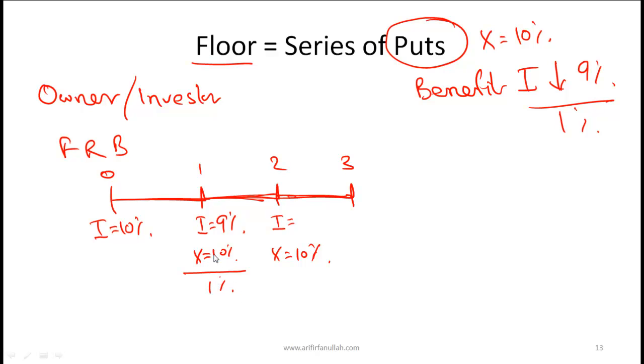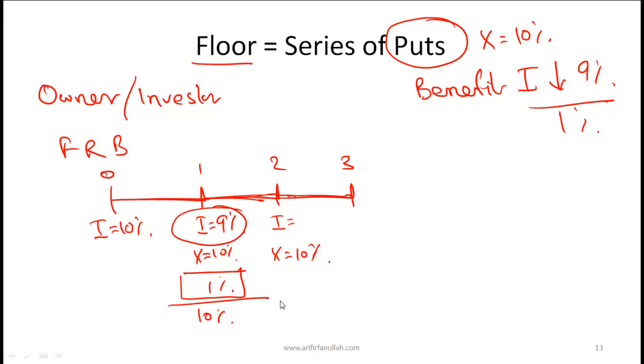Remember that as the owner of a put option, or since you have a long position in the put option, you benefit when interest rate is lower than the strike rate. So your benefit here is 1%. The market rate is 9%. So from your regular floater you get 9%, plus because of the interest rate put option you get 1%, and your overall benefit is 10%.